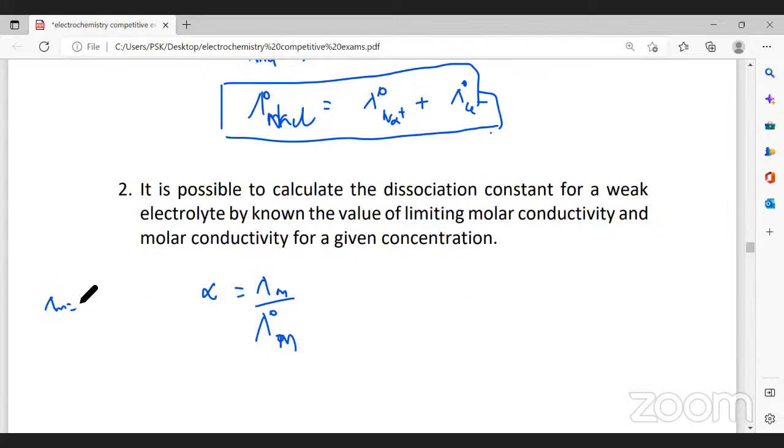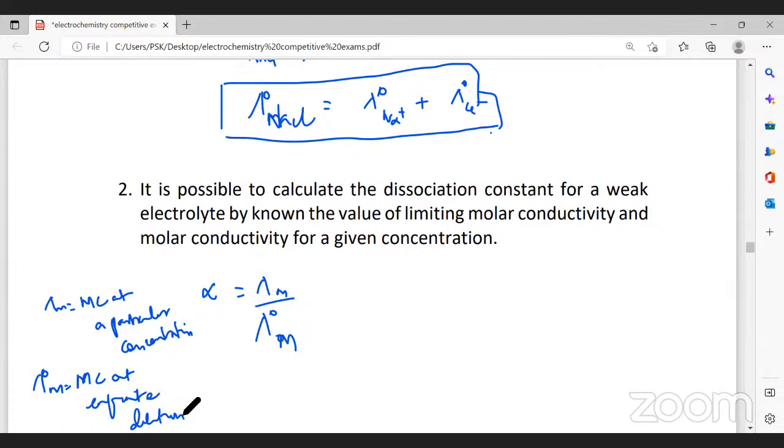Lambda m is the molar conductivity at a particular concentration, and lambda naught m is the molar conductivity at infinite dilution. So this is the formula to calculate the degree of dissociation.